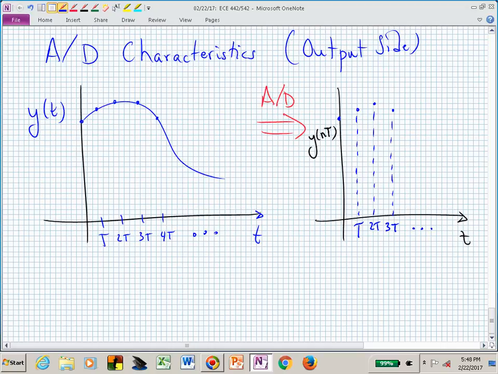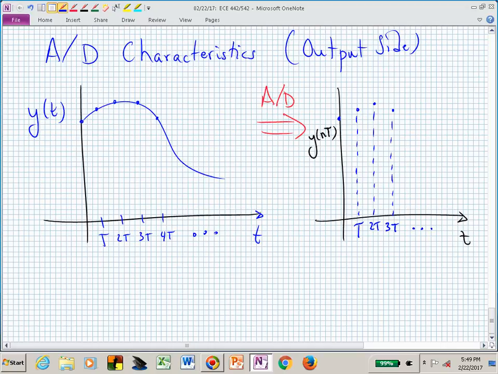Is there any kind of memory? Is there any kind of holding behavior between what's happening in the analog signal and what you see in the discrete time signal? You're basically just taking a picture, right? At 0, at T, at 2T, at 3T. You're just clicking measurements.